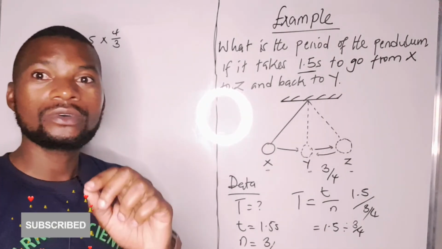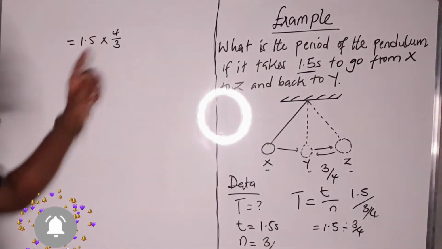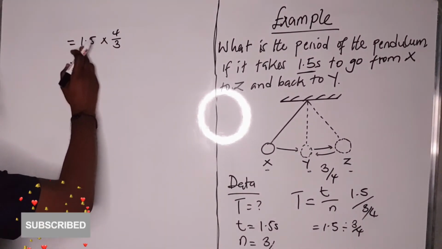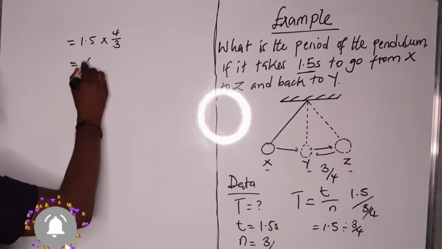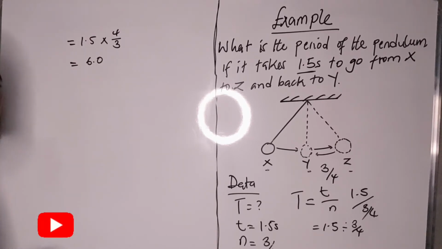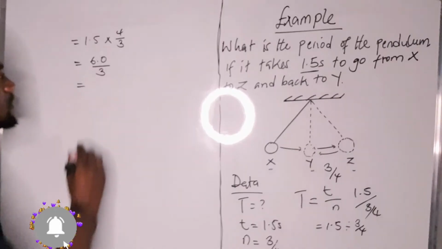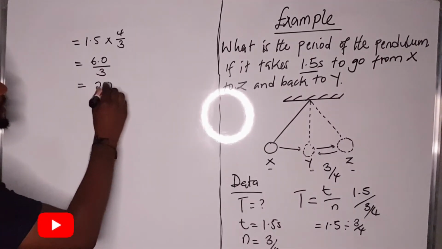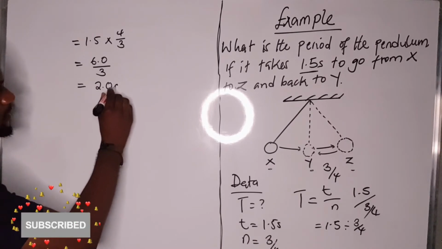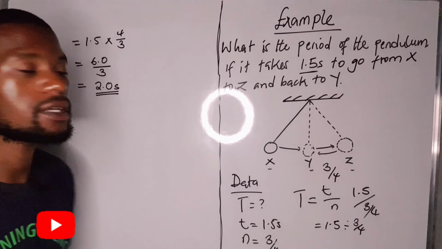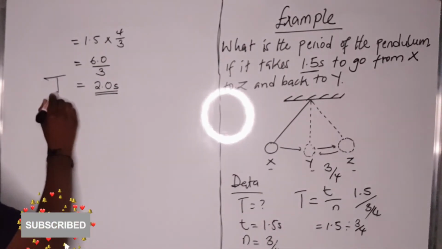The reciprocal of 3/4 is 4/3, which gives you, when you multiply 1.5 times 4, 6.0. Then this divided by 3, you are going to have 2.0 seconds. So the 2.0 seconds is the period.